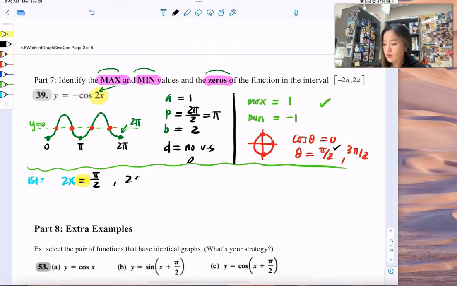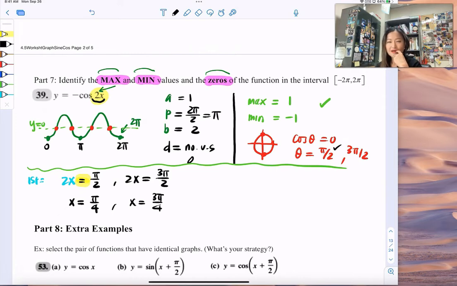But also when 2x is equal to 3 pi over 2. Because I want to know when is it 0, right? But it's not when x is pi over 2. It's when 2x equals pi over 2. Do you understand that? It's when this angle becomes pi over 2. But there's an x, right? So the x would be pi over 4. And the x would be 3 pi over 4.